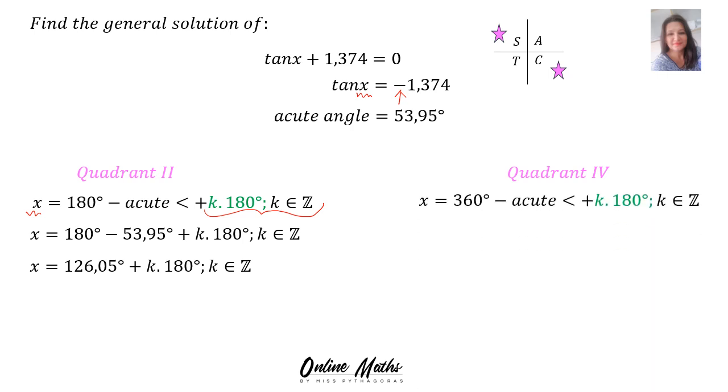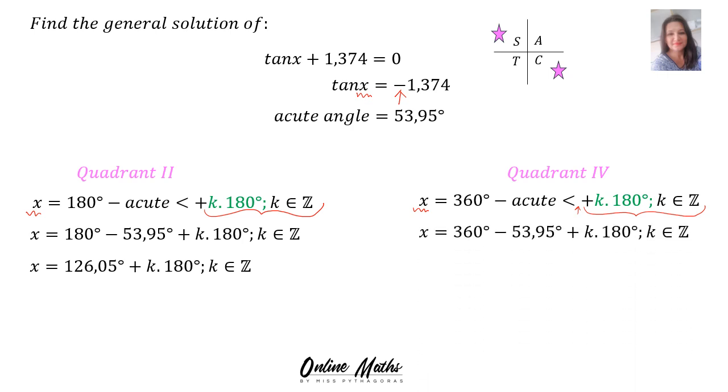And then in the fourth quadrant, remember there was just an x at the tan, so on the left hand side there's just x, and then in the fourth quadrant it's 360 minus the acute angle. Up to there it's just specific solution, and now for the general solution you only add plus k times 180, k element z.